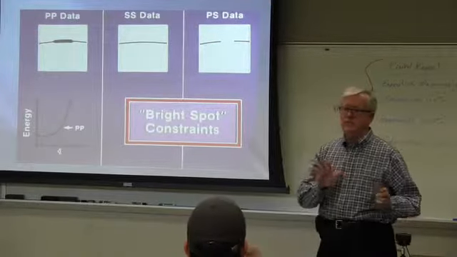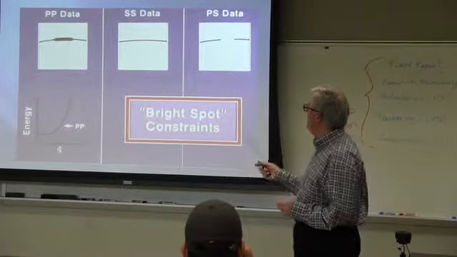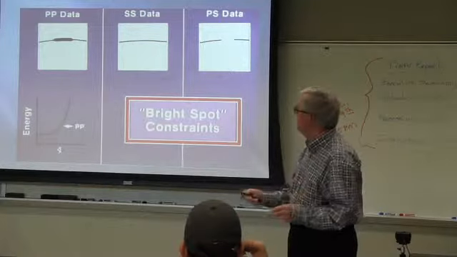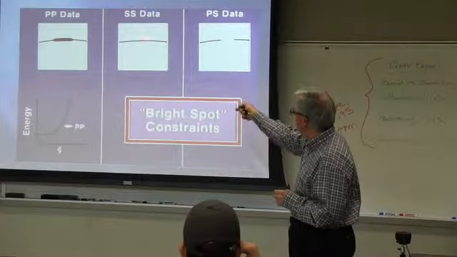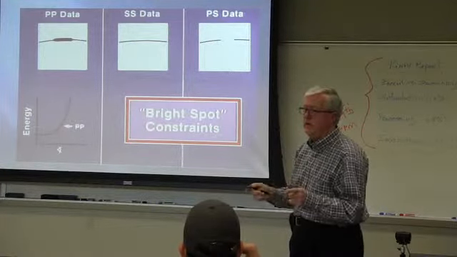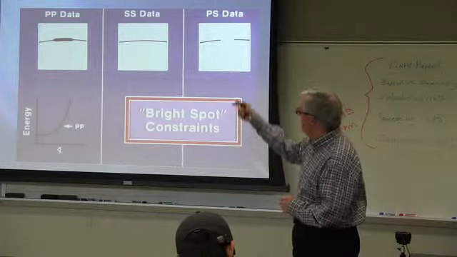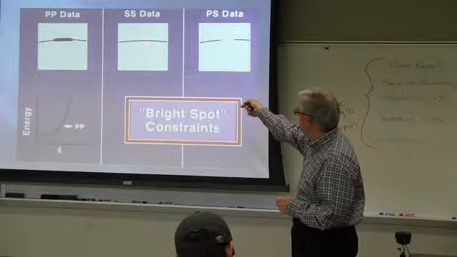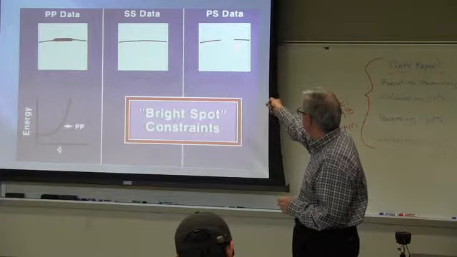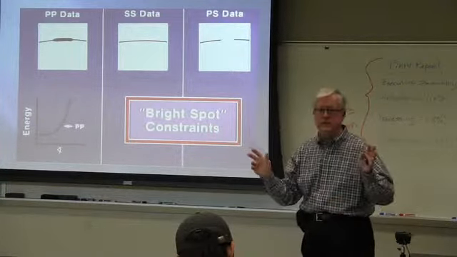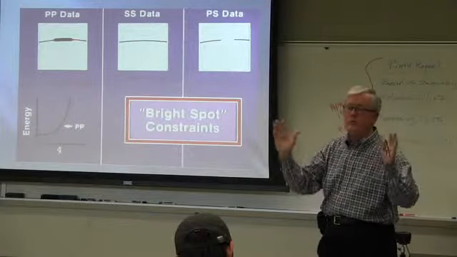So let's go back to a simpler anomaly. If you have an anomaly that's just a tuning effect, it will show up here and here. If you have an anomaly that is just a hydrocarbon effect, no tuning, it'll show up here but not here, and the mode converted shear wave will actually have an extinguishing effect. It'll actually have no data at all.